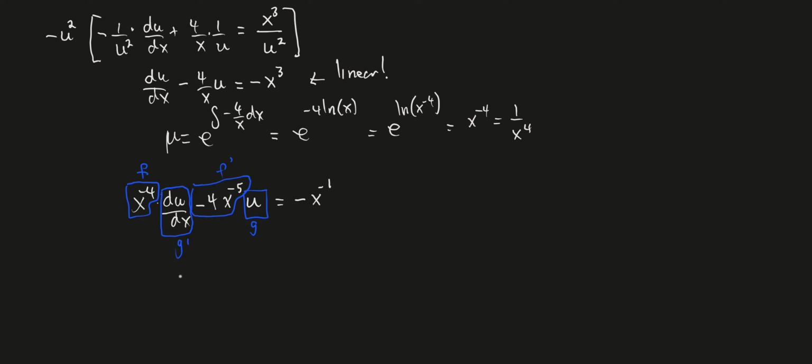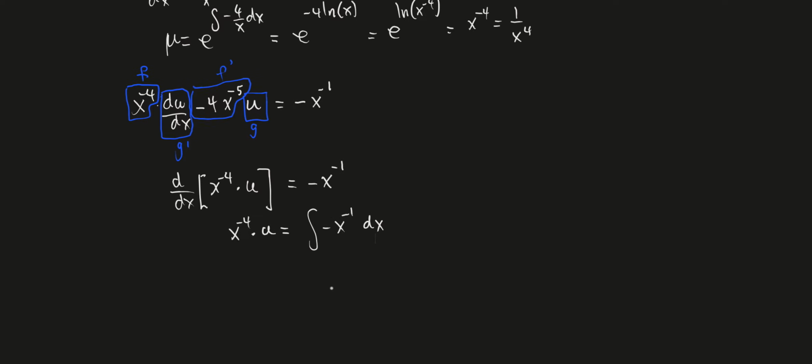So then the left-hand side can be written as the derivative of this product. What is the product? The x to the -4 times our unknown function u. And on this side, no change occurs just yet. All right, so we're looking good. Then, taking antiderivatives of both sides, I'll have x to the -4 times u is the antiderivative of -x to the -1 dx.